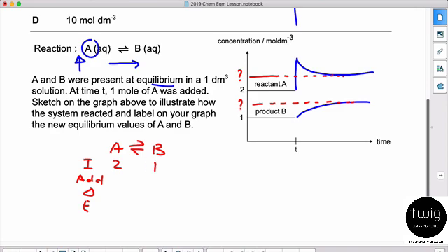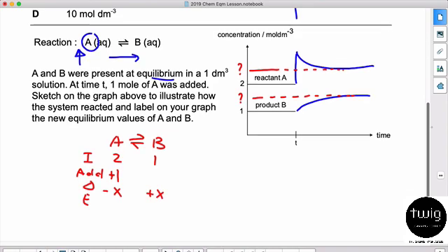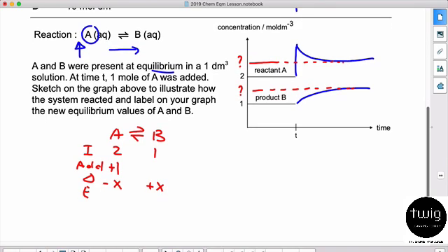After that, what do you add in? Add in A, so you add in plus 1. When you added A, equilibrium shifted to the right, so minus x for A, plus x for B. Finally, 2 plus 1 is 3 minus x. That side is 1 plus x.